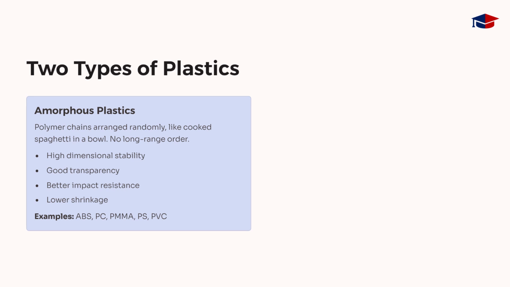Many amorphous plastics also have good transparency, which is why materials like polycarbonate and acrylic are used for lenses and clear housings. Examples of amorphous plastics include ABS, polycarbonate, PMMA, polystyrene, and PVC. These materials soften gradually as temperature increases rather than melting suddenly, which makes them easier to control in precision applications.